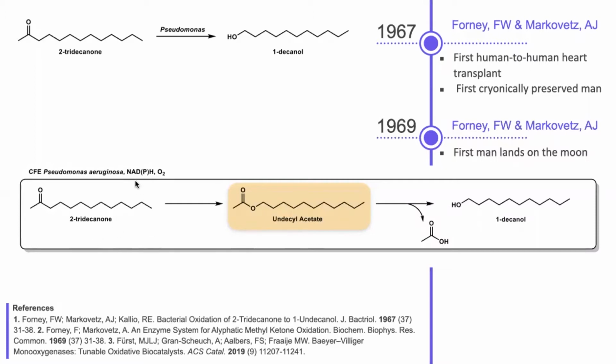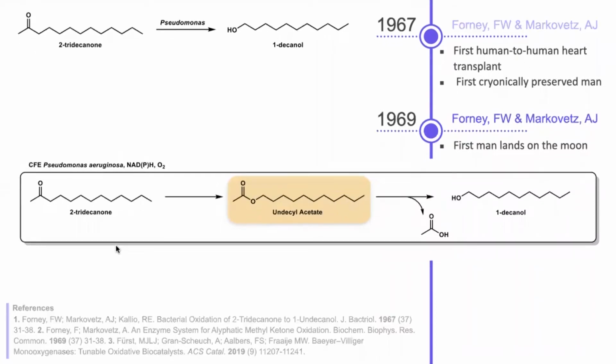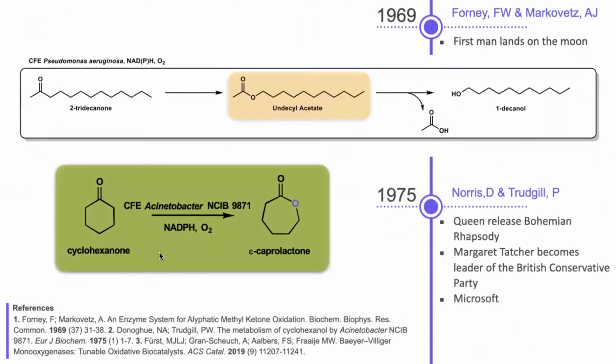They observed that this reaction and this intermediate were present only when they were adding NADPH and oxygen to the reaction. A few years later, in the 70s, another group discovered another microorganism that was capable of a Baeyer-Villiger oxidation, in this case of cyclohexanone to caprolactone.